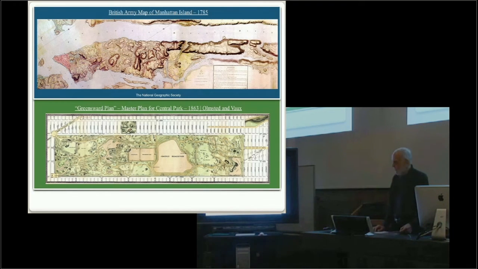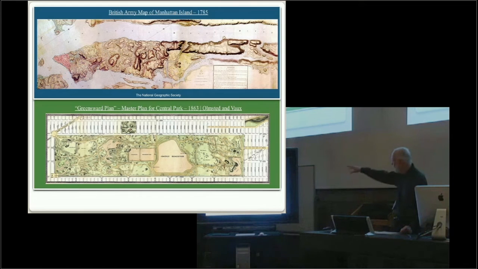There's a wonderful article in National Geographic that talks about that particular map being the base upon which a study was made of what Manhattan Island looked like before 1609, when it was discovered. It's a fascinating resurrection of the original Manhattan Island.